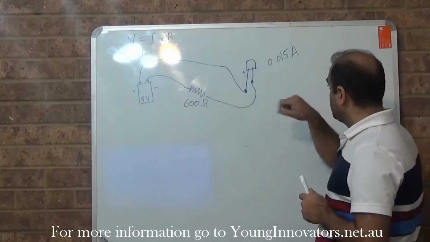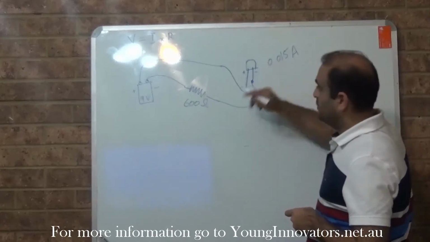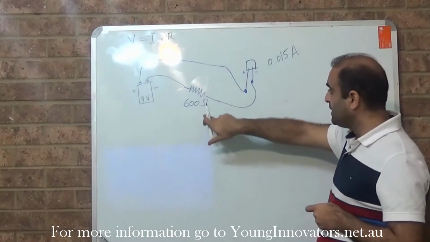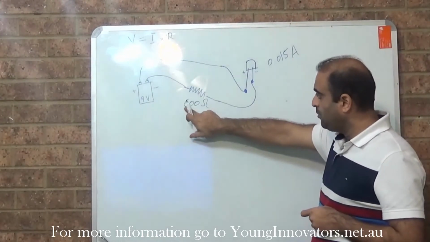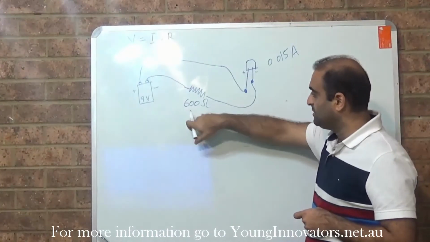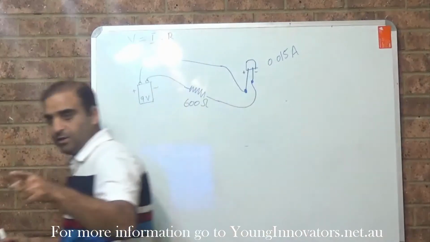So we know how LEDs work and how batteries work. Now we need to look at how to identify the value of the resistance. I'll tell you how to do that.